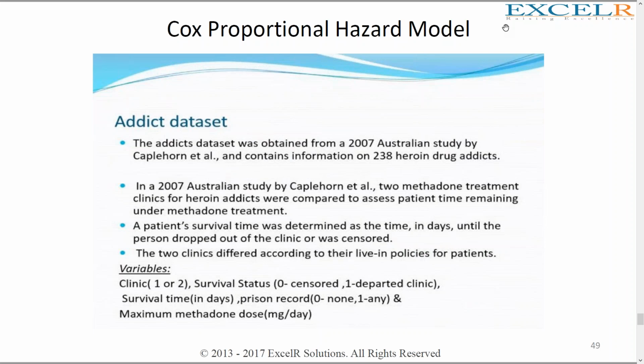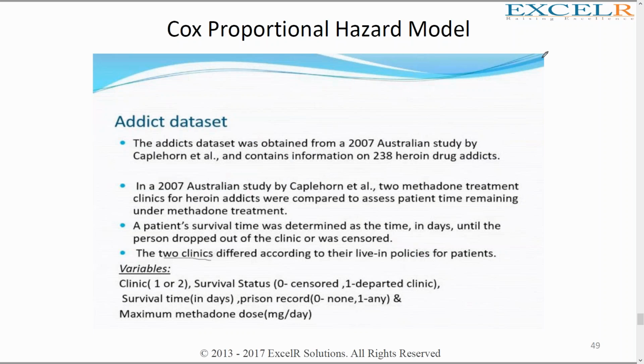Here we are comparing two hospitals, assume two rehabilitation centers. Which rehab is better? People who are drug addicts need to be sent to these rehabilitation centers, and we need to make sure that they come out of the drug addiction.